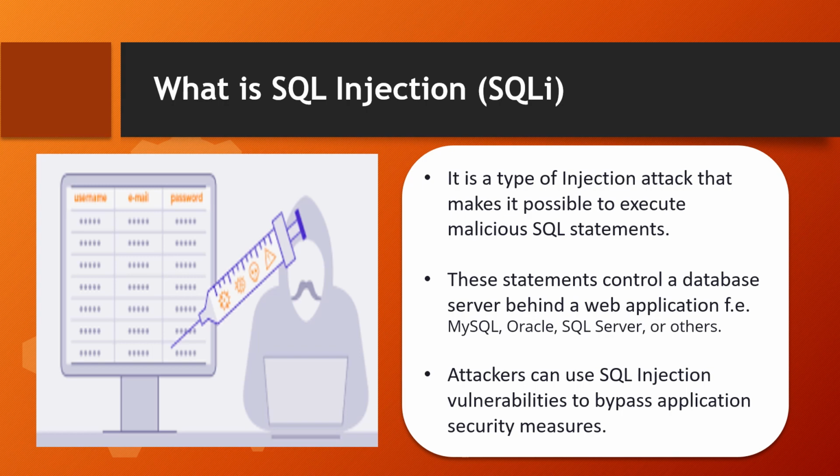The statement controls a database server behind a web application. For example, this database could be MySQL, Oracle, SQL Server, or any Mongo database, or any database which your application is using to save your information. What the attackers do is secretly inject vulnerability and bypass all the security measures related to your application.